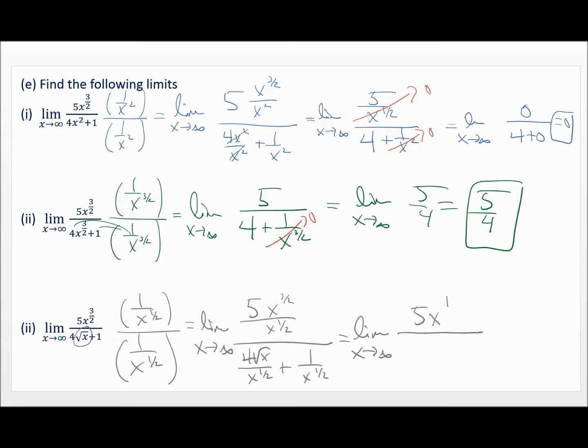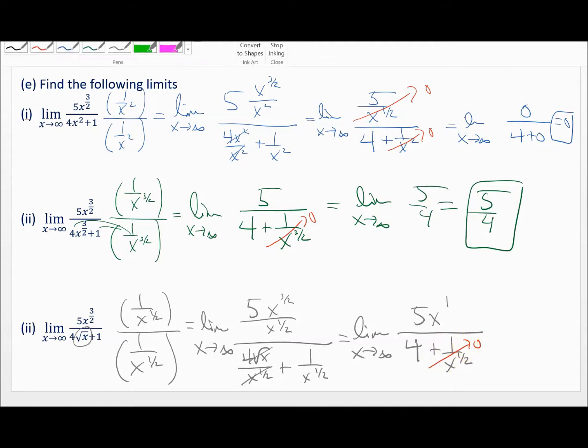In the denominator, the square root of x and x to the 1/2 cancel to give me 4. And 1 over x to the 1/2, I'm just going to write it as 1 over x to the 1/2. Then we get to use our theorem that says if we have a constant over an x to a positive rational exponent, that goes to 0. And that's the only one I have.